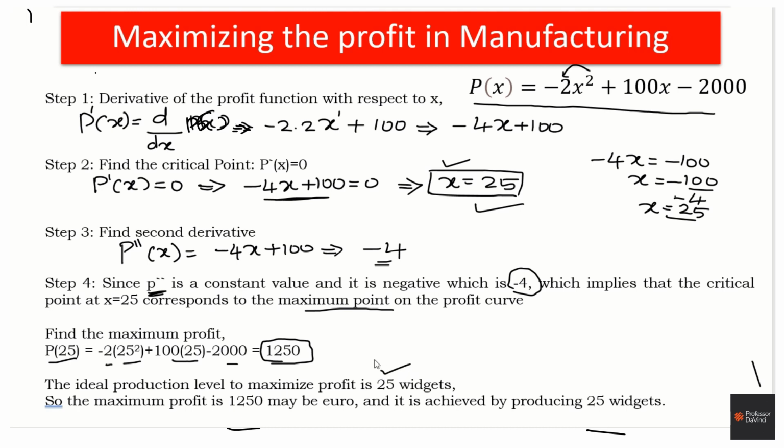So if we produce 25 widgets, we will get the maximum profit. The maximum profit is 1250, maybe euros or whatever the currency, and it is achieved by producing 25 widgets. So this is how derivatives help in the real world, in real time.